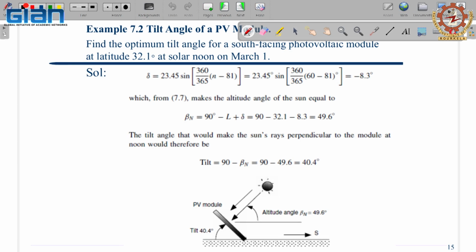Now what is the greatness of this book I mentioned? You can find so many books on renewable energy. The great part of this book is that it contains a lot of solved and unsolved problems. Each chapter contains 10-15 solved and 10-15 unsolved problems, so you can have sufficient practice.